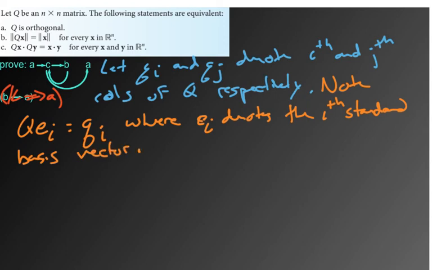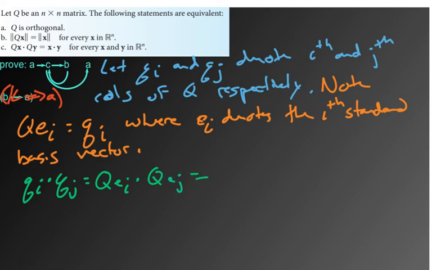And so now, if you notice that, then we can finish this off with just some straightforward computation. So Q sub i dotted with Q sub j equals... This is just using what is here in orange, okay? We're going to be able to write that's the same thing as Q times e sub i dotted with Q applied to e sub j, right?